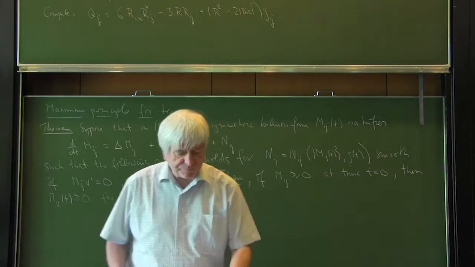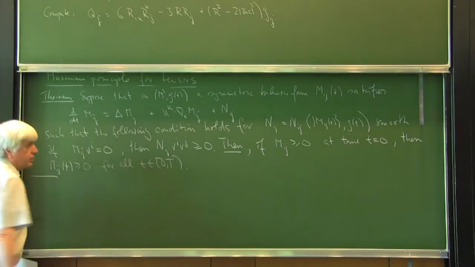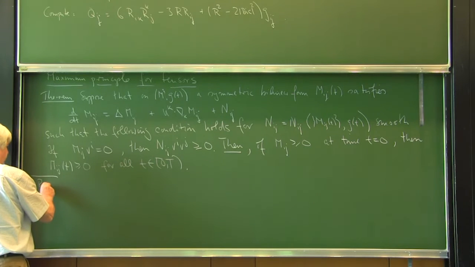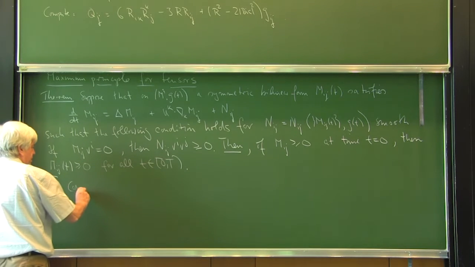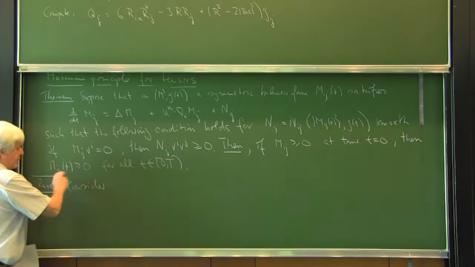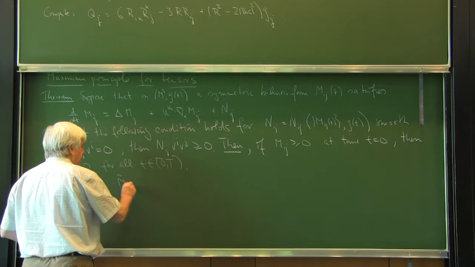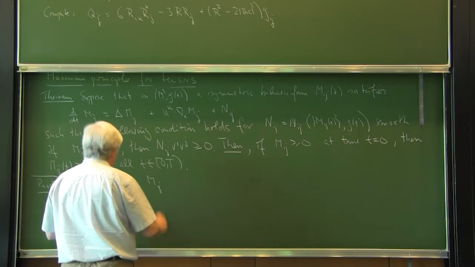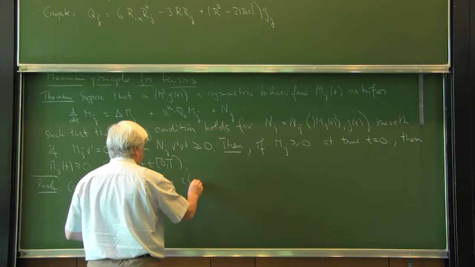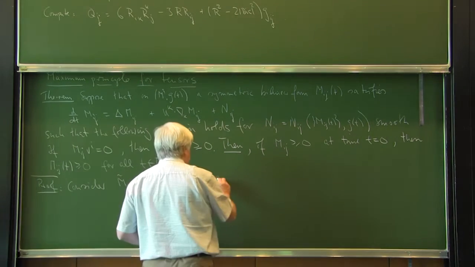Now, for the proof, we want to reduce the proof to the scalar maximum principle, essentially. So, for the proof, consider a slightly changed tensor in order to be able to replace weak inequalities with strong inequalities. We replace Mij by something which is strictly positive at time 0, so we add a little bit epsilon times delta plus t times gij.